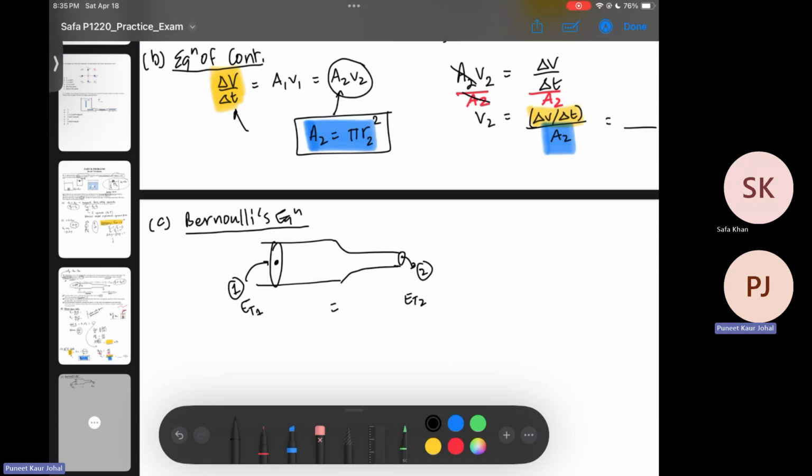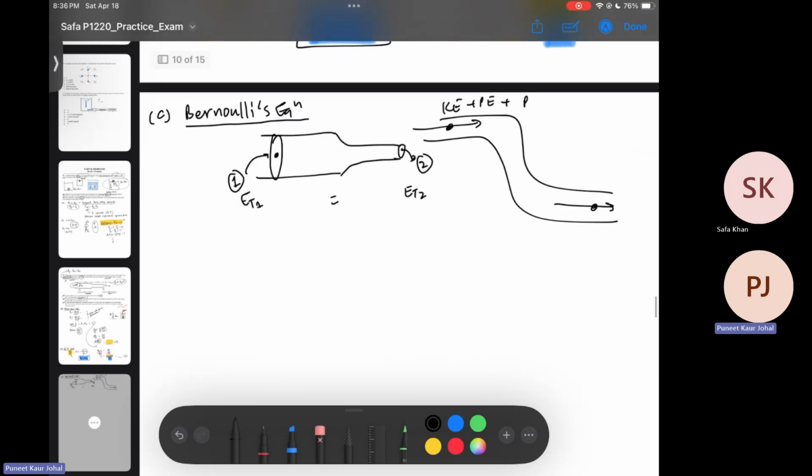There's pressure, there's speed, and the liquid has some height, like sometimes the tubes are like this. So one thing is at a lower height, the other is at a higher height. And because the fluid is moving, it has kinetic energy, it has potential energy, and obviously the pressure of the fluid, because it's coming at some speed, right? Pressure energy.